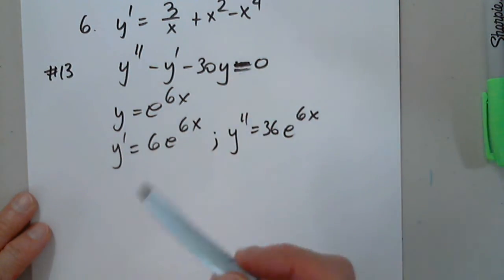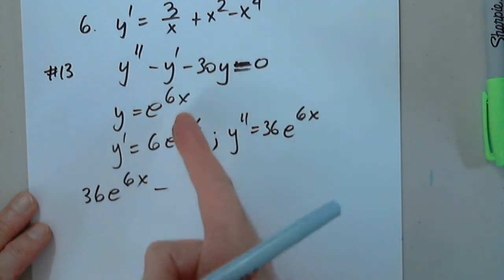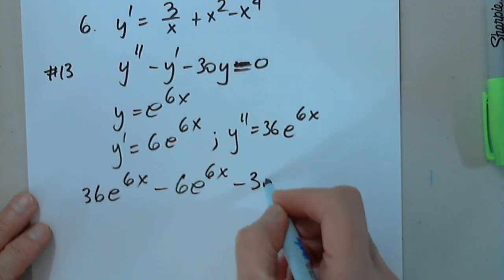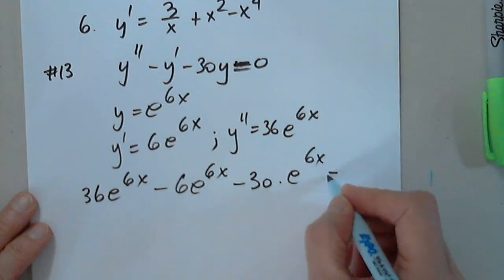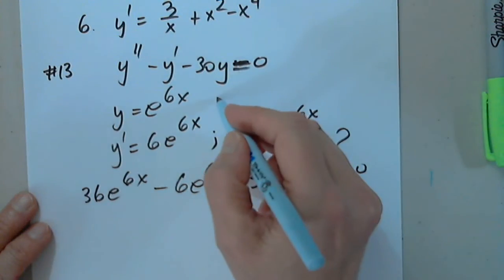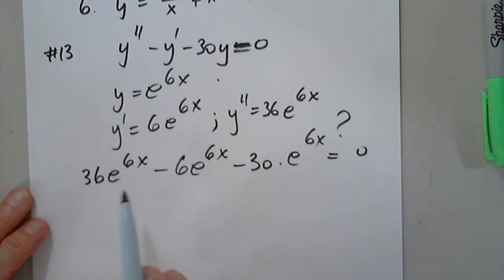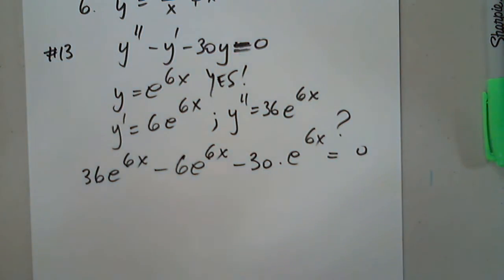So I replace 36e to 6x minus 6e to 6x minus 30 times e to 6x. If this is 0, I will say yes. If this is not 0, then I will say no. But 36 minus 6 and minus 30, because they're all like terms, will be 0. So then I will say yes, it is.